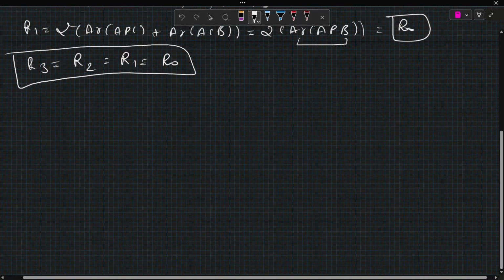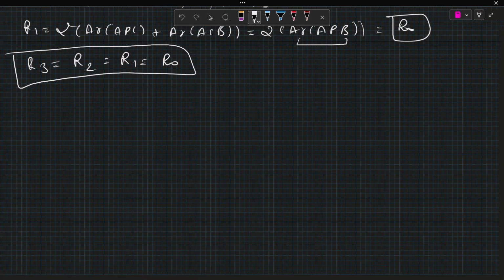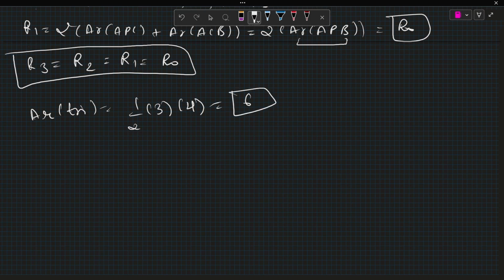As the areas of all the rectangles are the same, the areas of all triangles should be the same too. So the area of a triangle is half of 3 into 4, which is 6, and there are three of this same triangle, so 6 into 3, 18.